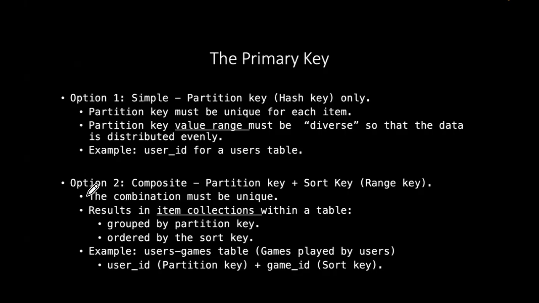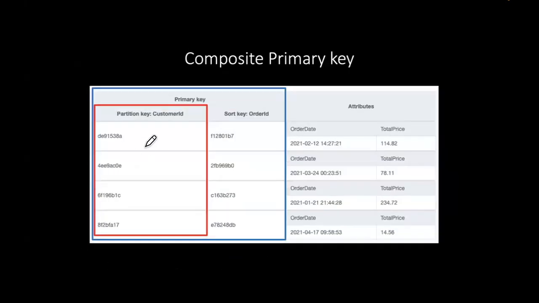If I just flick forward, here's the exact same table, but I've decided to use a composite key here. This again is a table of customer orders, but I want this table to have a composite primary key where the partition key part of the primary key is customer number or customer ID, and the sort key is order ID.